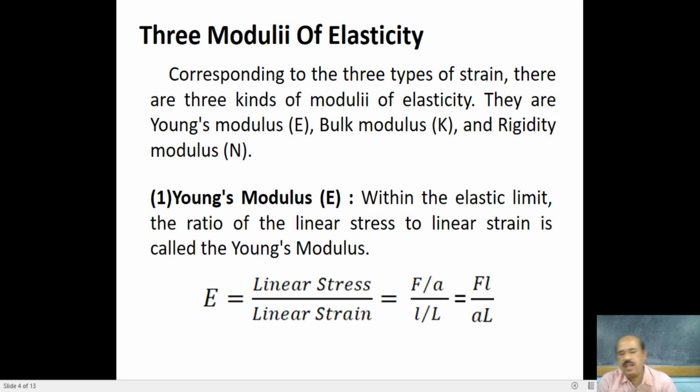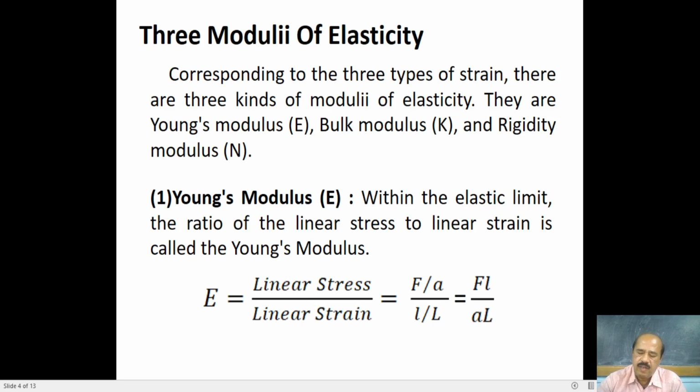If we simplify this, you will get E equal to F into small l divided by A into capital L. This is how mathematically we can represent Young's modulus. Young's modulus is always represented by the letter E, or sometimes with the small letter Q. The unit of Young's modulus is Newton per meter square.